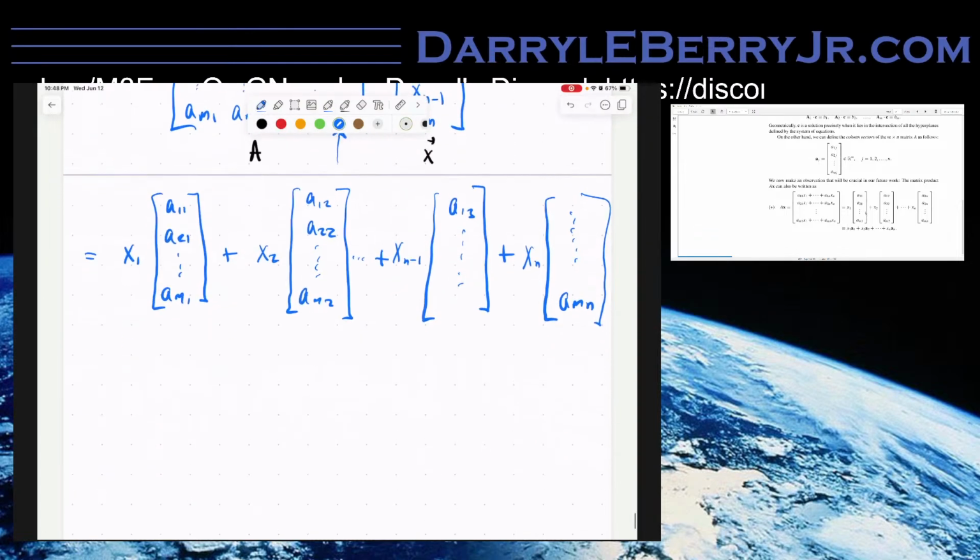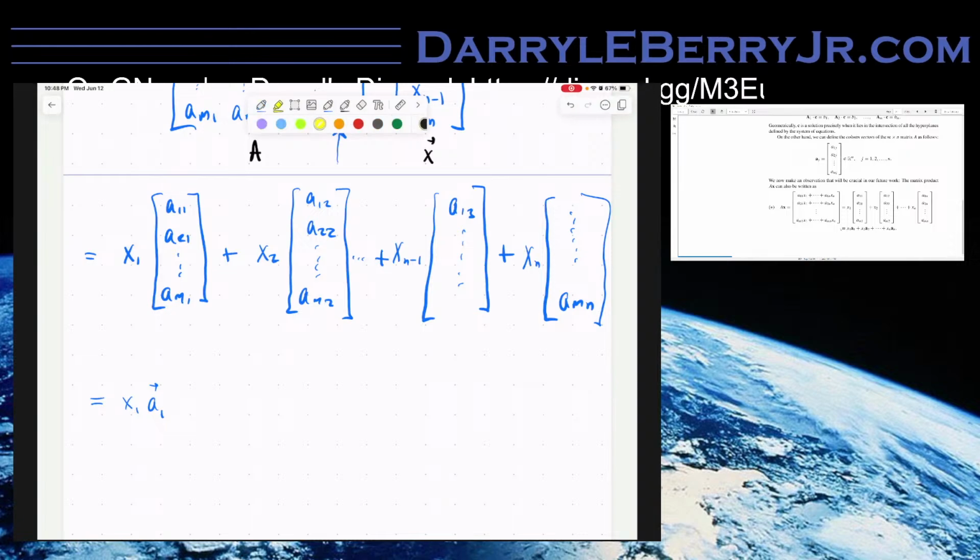Right? So we'll multiply that out. That's how they get the last line there, x1, and we have the first vector. They just put a 1 there for the first column.